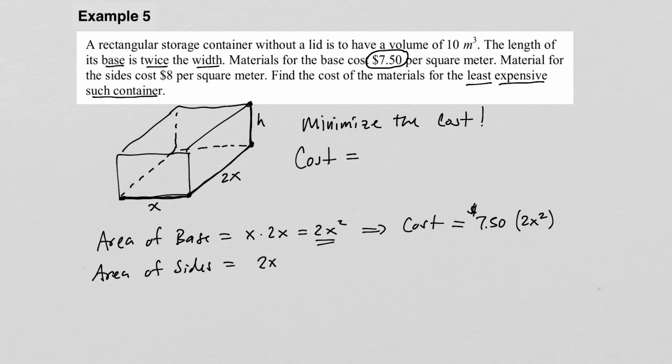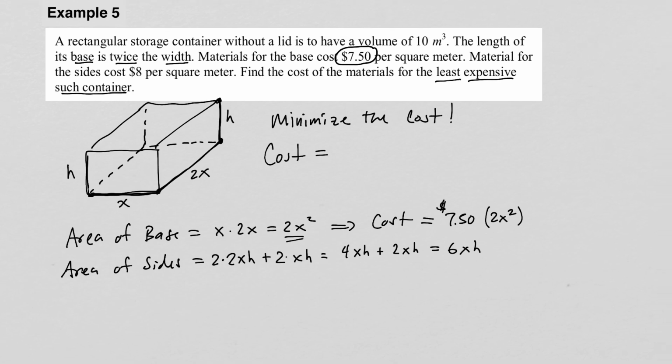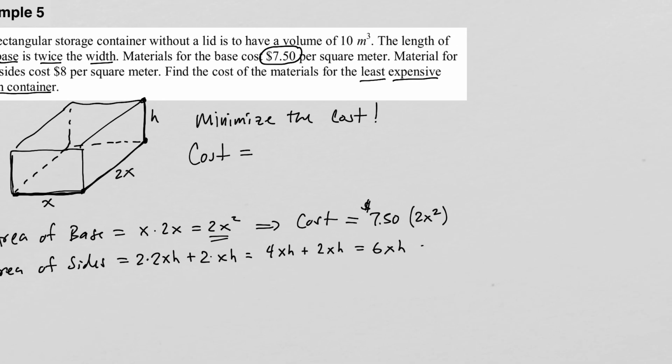So it's 2x times h multiplied by 2, plus the area of this side is x times h, right? Because the height here is just h. So the area of this rectangle is x times h, but then there are also 2 of those. So it's going to be x times h and then times 2. And so this is 4xh plus 2xh, which is 6xh. That's the area of the sides.